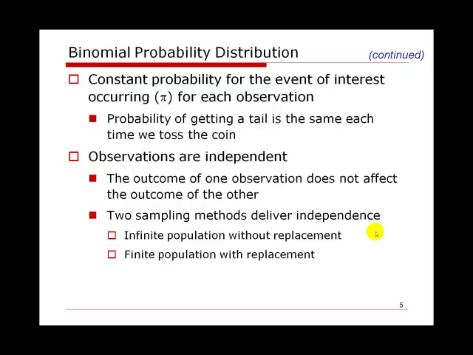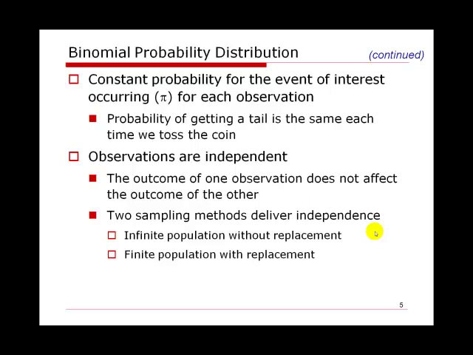The first is if we are sampling from an infinite population. If the population size is large enough, or we can consider it as infinity, then we assume that each individual sample will be independent from each other. Or if the population size is limited, we have a finite population, but every time after we perform an experiment or we draw a sample, the sample drawn from the population will be replaced.